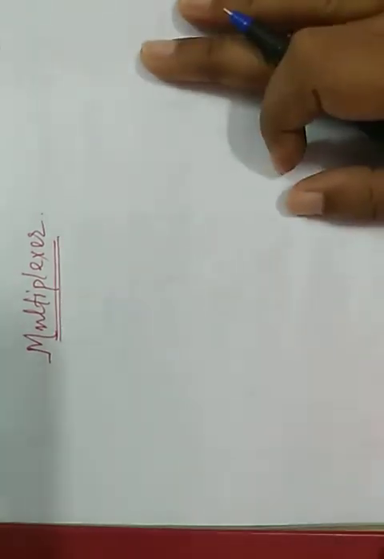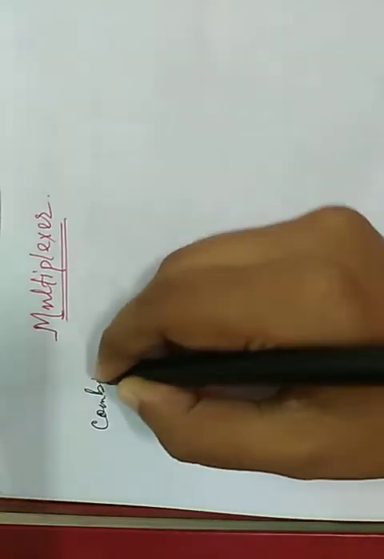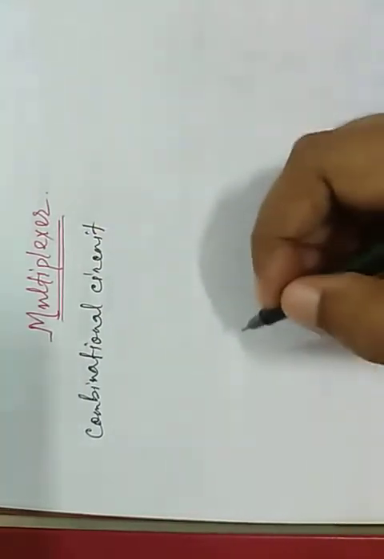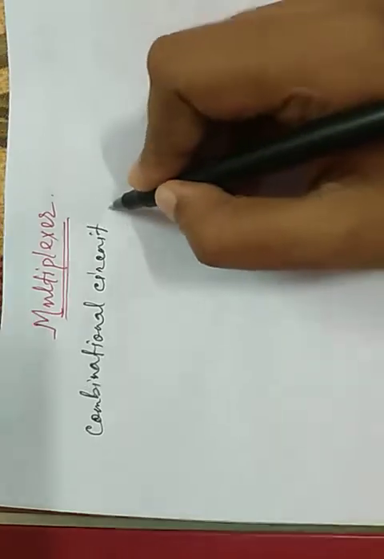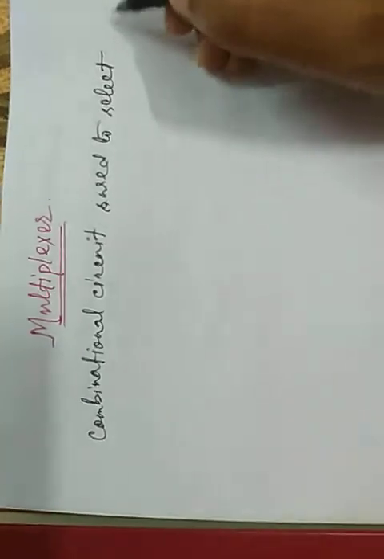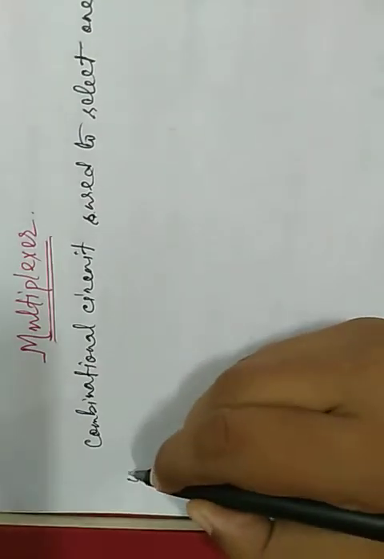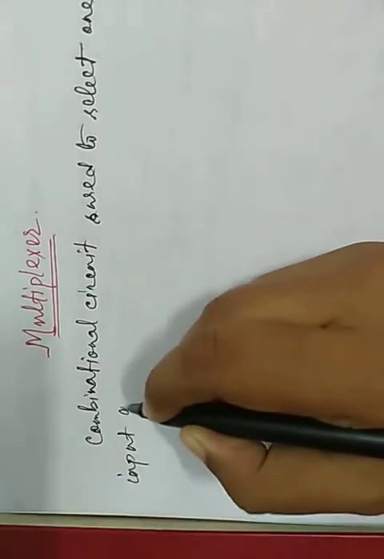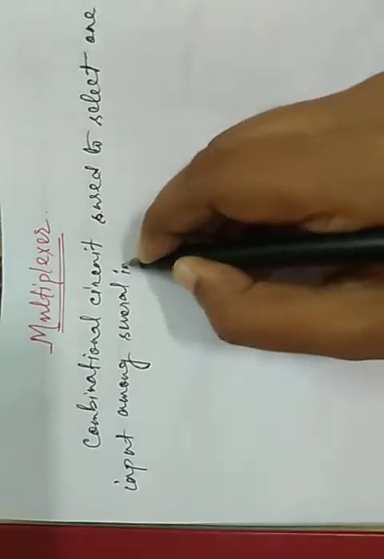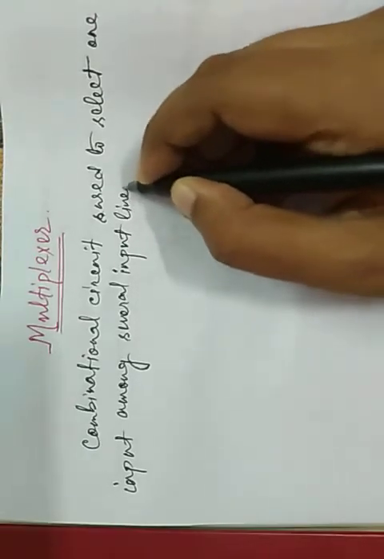So at first we have to know what is a multiplexer. A multiplexer is a combinational circuit, which is used to select one input among several input lines.